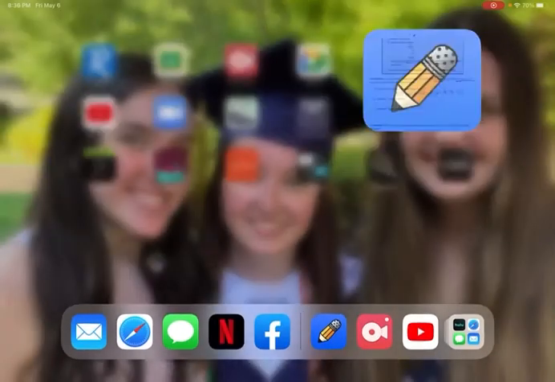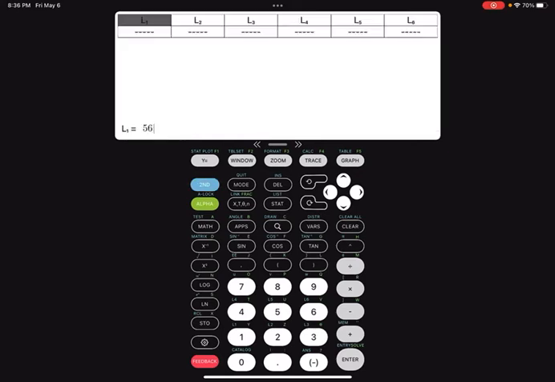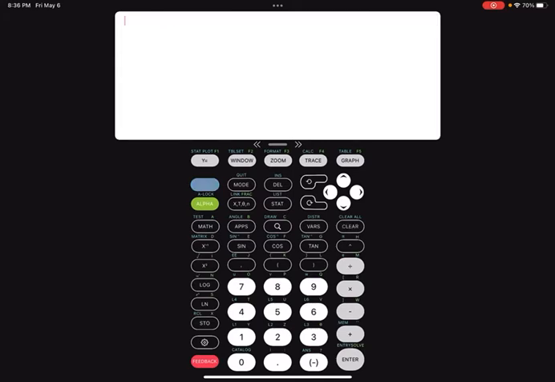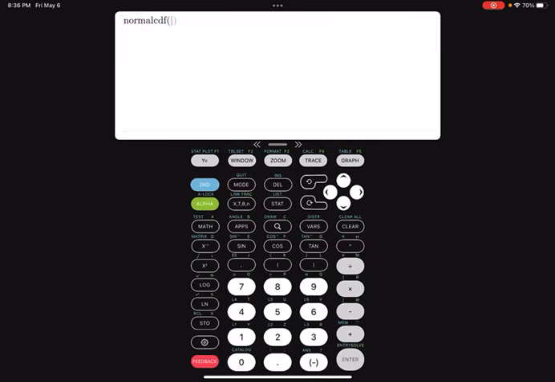So let's try it. So I got my calculator. Let's clear this. Let's quit that. Clear. There we go. So second, VARS. All right, I want to scroll down to number 2 that says normal CDF. Now when you do this, it's actually going to say lower, so you're going to know to put the lower number.